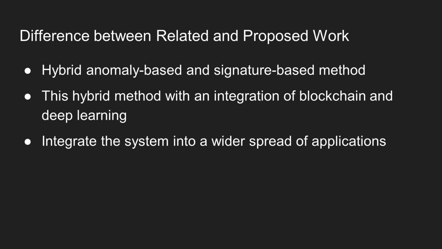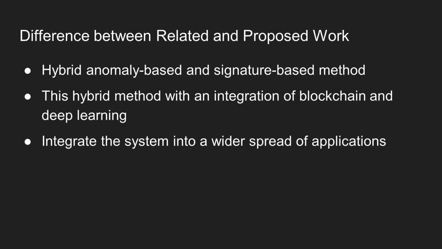Because the anomaly-based method has issues with false alerts, but those should be minimized through deep learning and the blockchain. And then the signature-based method has issues with letting attacks go unnoticed. And so these both combined have the potential to minimize false alerts or unnoticed attacks.